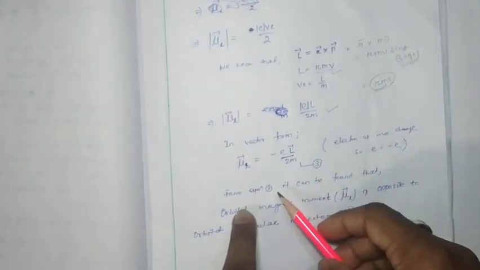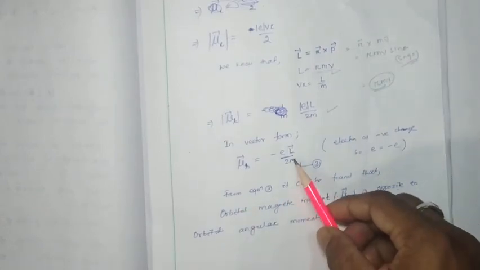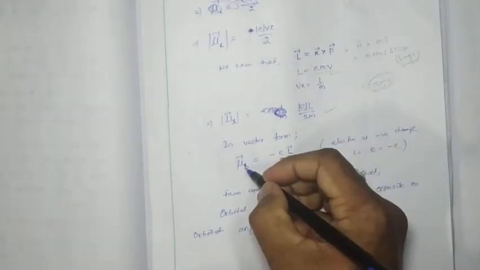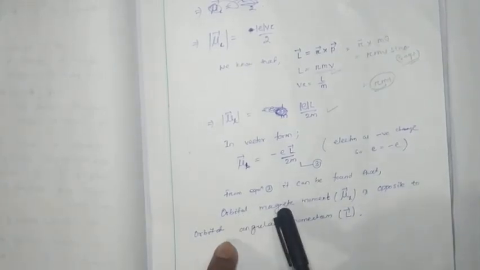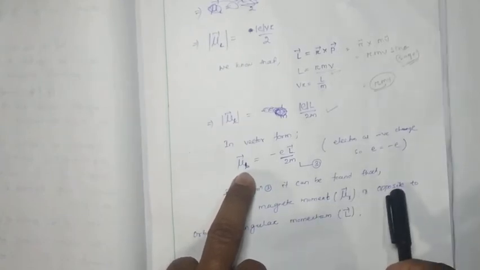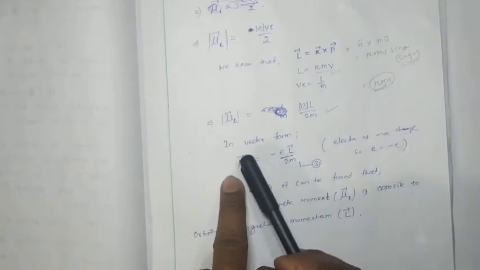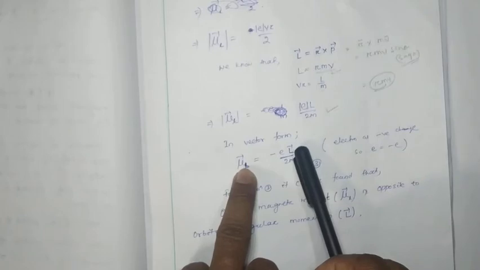So from equation number 3 it can be easily understood that the orbital angular momentum L and the orbital magnetic moment mu L are opposite to each other, because of the minus sign, meaning the direction of mu L is opposite to the direction of L.